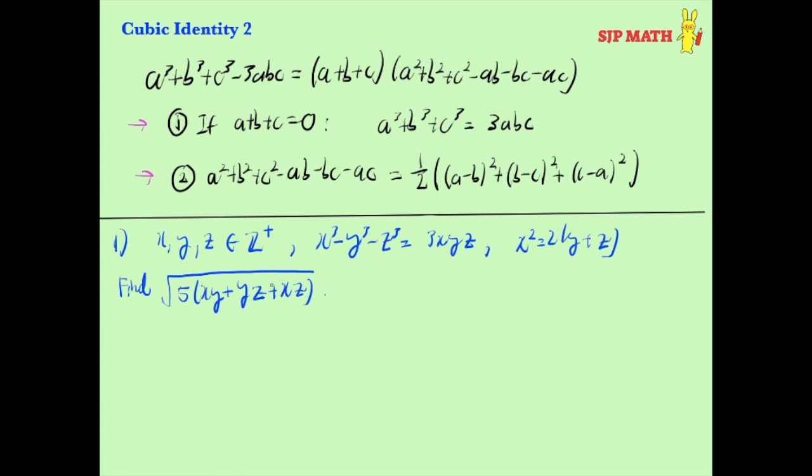So the solution is, let's start. In the previous videos, we were given that a plus b plus c was equal to 0. And then from that, we got a cubed plus b cubed plus c cubed is equal to 3 times a times b times c.